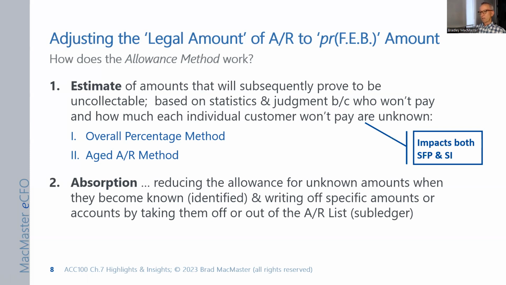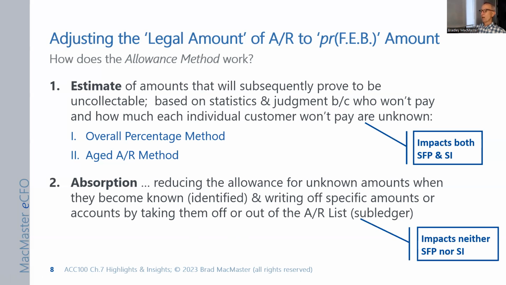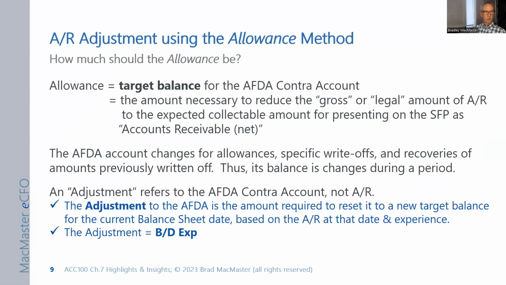We write off the specific amounts or accounts by taking them out of both the accounts receivable list, called the subledger, and by taking them out of the general allowance. And when this happens, the net impact doesn't affect the statement of financial position. In other words, the accounts receivable net have not changed, and it doesn't affect the statement of income. There's no impact on bad debt expense.